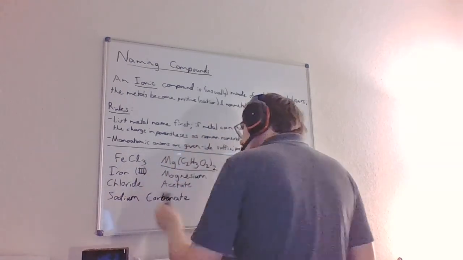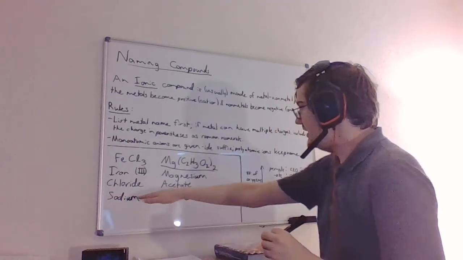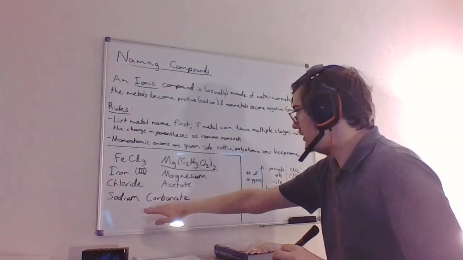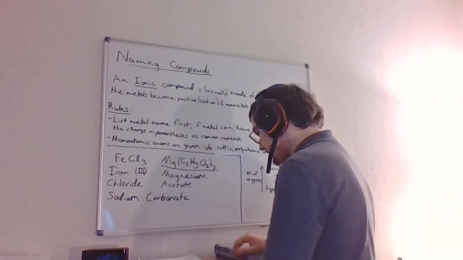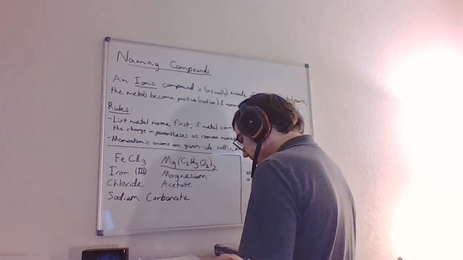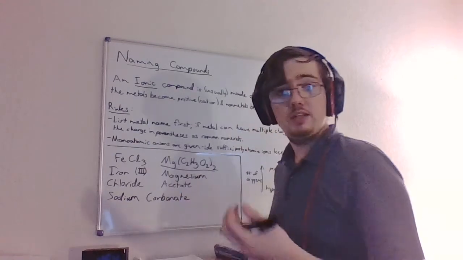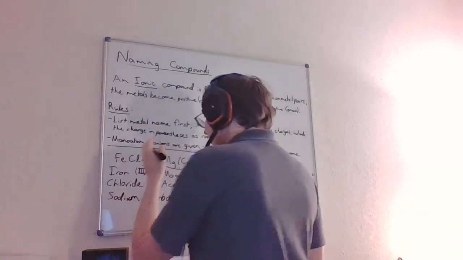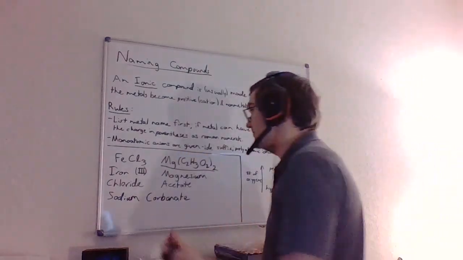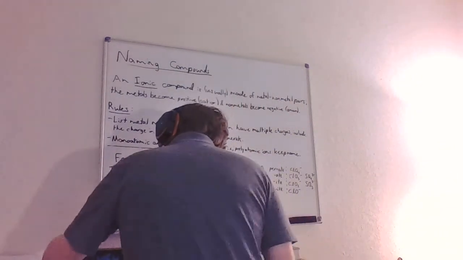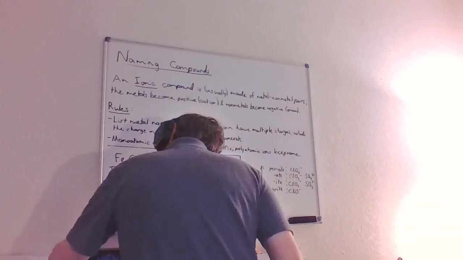If we were given sodium carbonate, how would we write out its chemical formula? Right, so first thing we want to realize, sodium on the periodic table, again, is in the first column, which means it's an alkali metal. Now the first column has a positive 1 charge.